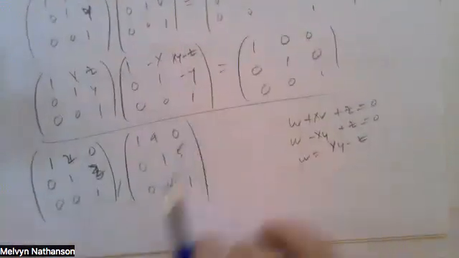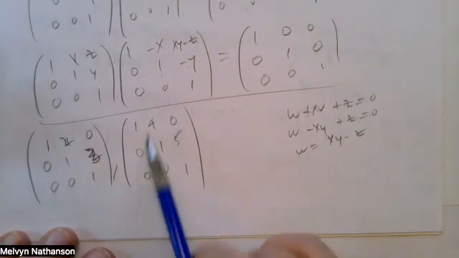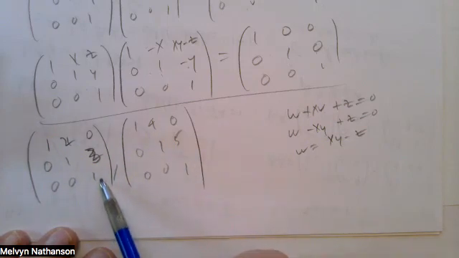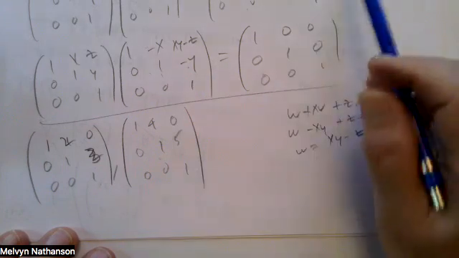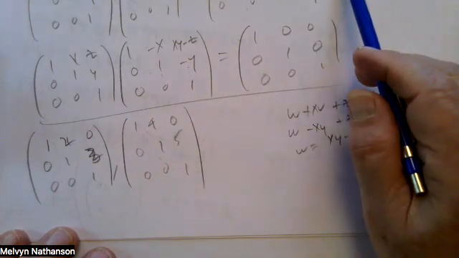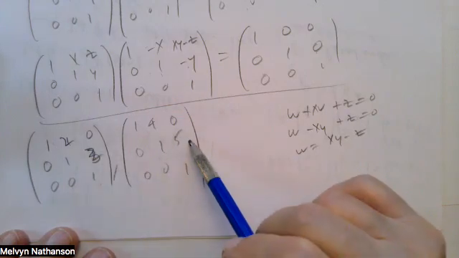So here I write down two matrices, and they both have this property: ones down the diagonal, zeros below, and above I have 2, 0, 3, and 4, 0, 5. So when I multiply this by this, what I'm going to get in the upper right-hand corner is 10, 2 times 5.